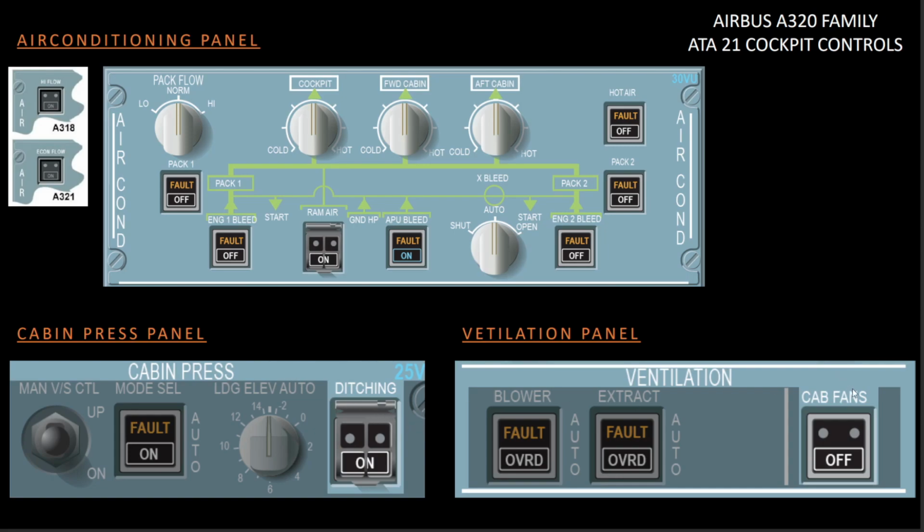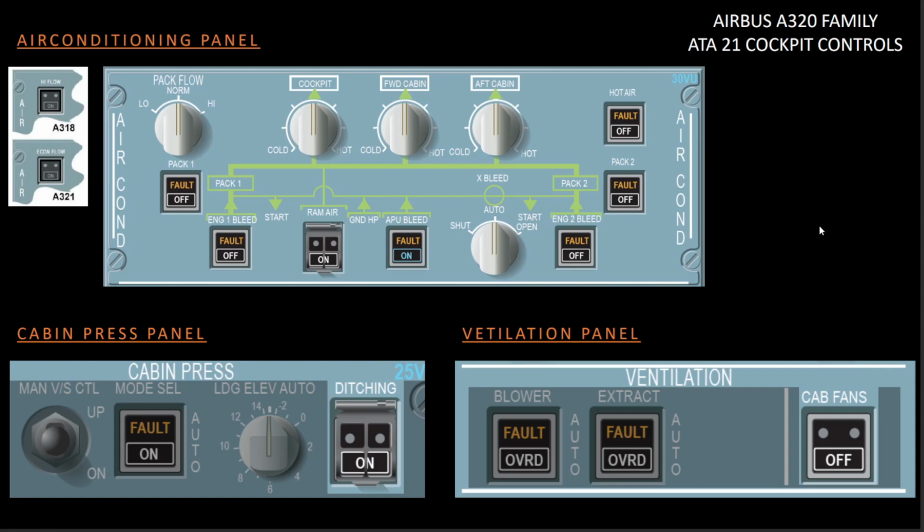You will get a fan indication on the SD as well. We will look into that when we discuss the indications in the next lesson. There is another instance where the cabin fans switch off, that is when ditching is selected. When ditching is selected, the cabin fans will also stop.